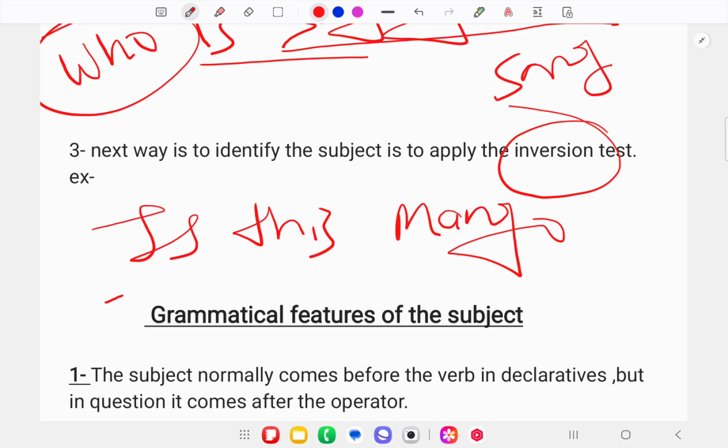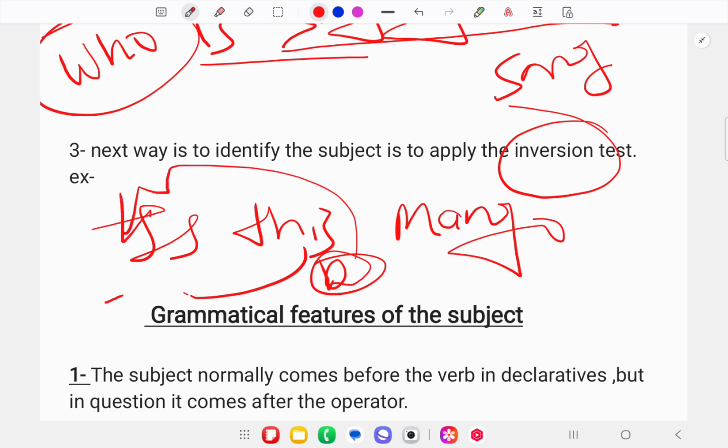In the inversion test, if I simply say this is mango, then the subject position changes to the position of the verb, I mean the auxiliary verb or helping verb, or also we can say main verb, and this auxiliary verb comes in the initial position of a sentence, or also we can say in place of the subject.